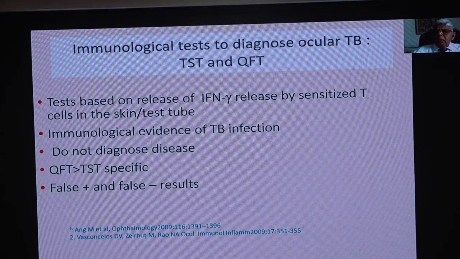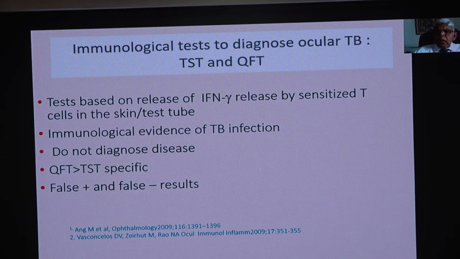People say and believe that the Quantiferon test is a little more specific because the antigens that we use, ESAT6 or CFP10, typically the TB antigens used to stimulate these T cells in the test tube, are more specific and do not have cross-reactivity with environmental non-tuberculous mycobacteria or Mycobacterium bovis.